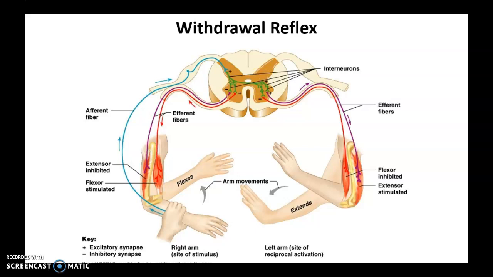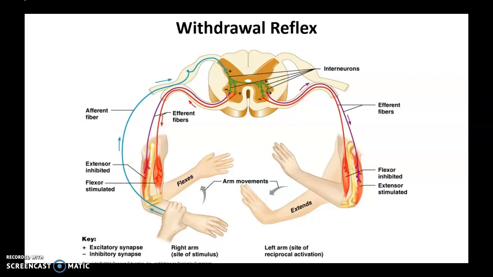Okay. And these reflexes are initiated by a painful stimulus such as touching something very hot or someone forcefully grabbing your hand. In the picture here, you do see the withdrawal reflex on the left-hand side.